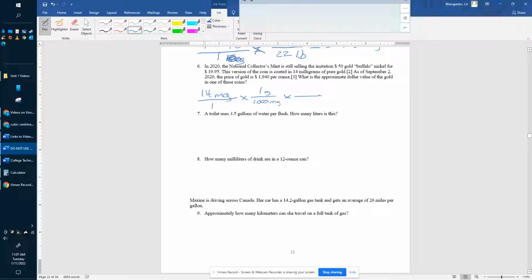Times, now we convert grams to ounces, 28.35 grams in 1 ounce. And now we have to convert ounces to dollars. 1 ounce is $1,940. Multiply and divide this all out.